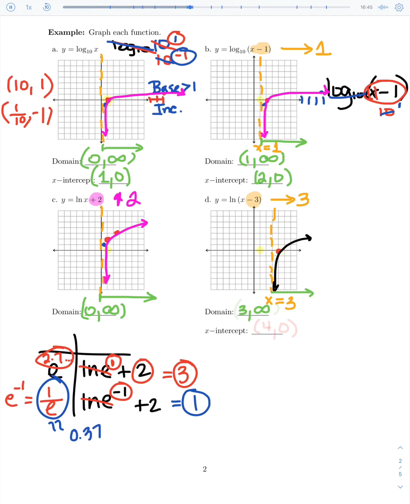So 3 to infinity, with again a parentheses, because there's a vertical asymptote at 3. We're not going to be touching that. Notice, where do I intersect the x-axis is here at 4, so our x-intercept is the point (4, 0). That can be easily found using our picture.